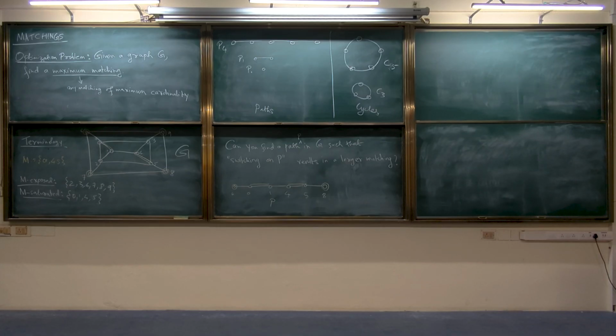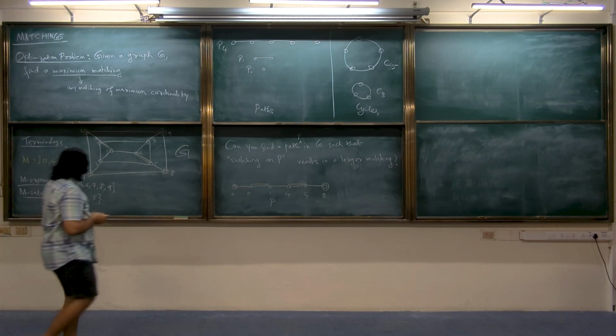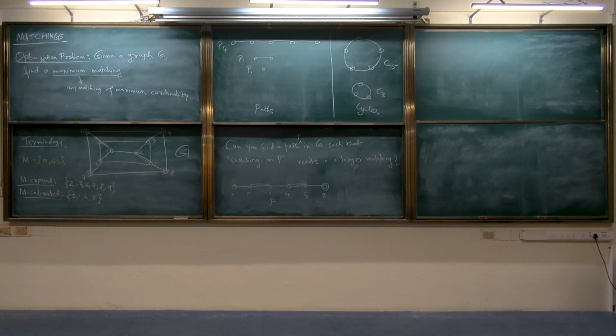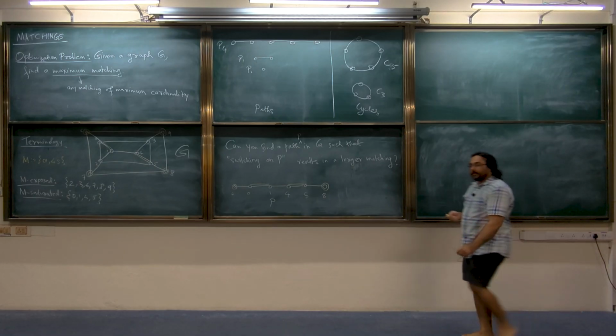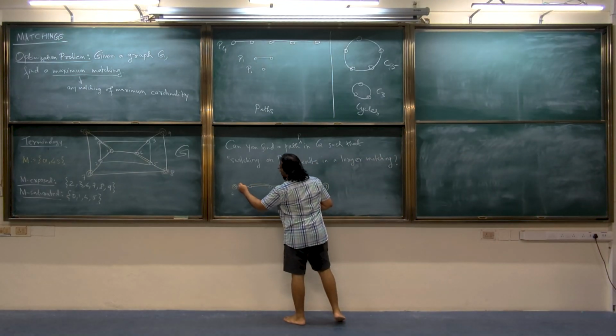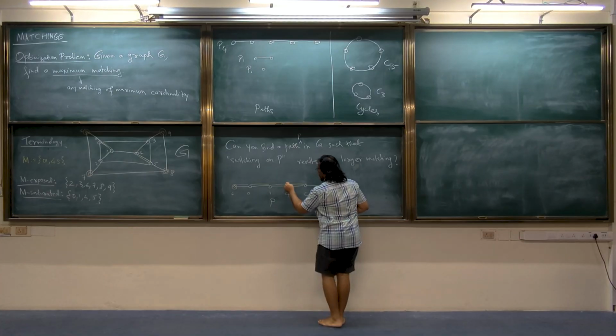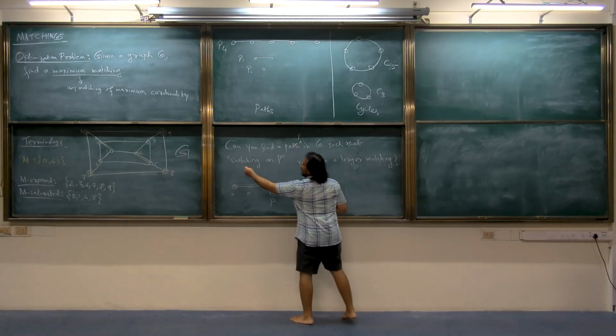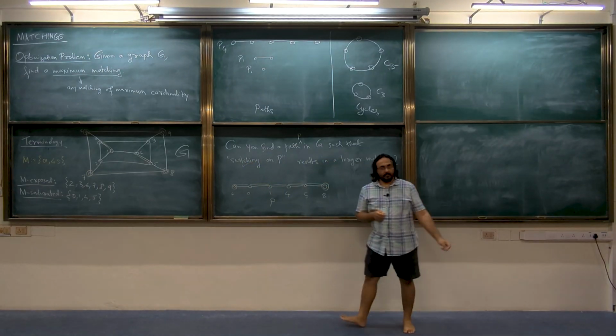Yeah, what about that? We just switch the matching. We switch. Okay, so we throw out the ones that are there and we include the ones that are not there. Yeah, Manoj, thank you. Okay, so what we do is we will drop the edges that are there from the matching and include these three edges. This is what we mean by switching.